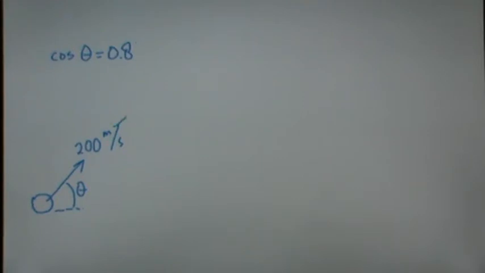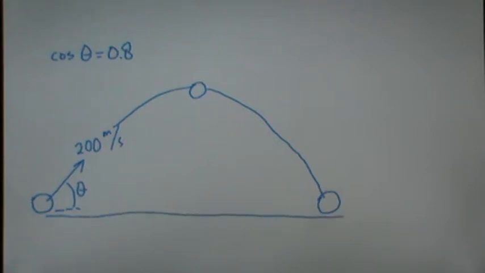Now we will find the highest point here and then the maximum point of the ball. Alright, first, by using simple trigonometry, you can find that sine theta will be 0.6.